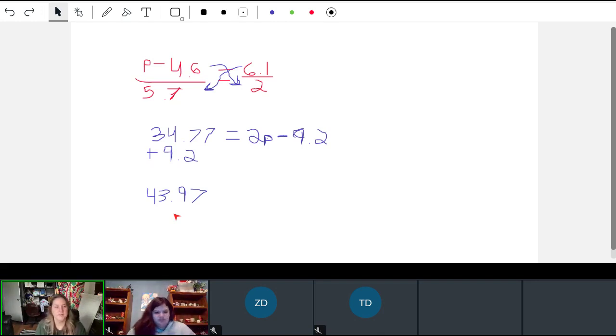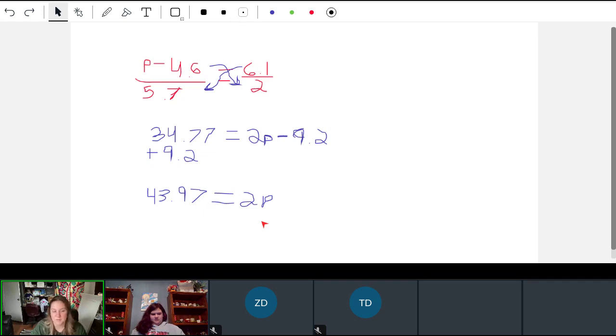So your equal sign, and then what else have you not used on that side of the equation? Very good. Okay, so last part. Now, the P is still stuck to this 2, right? How can we get rid of this 2? Right now it's being multiplied.